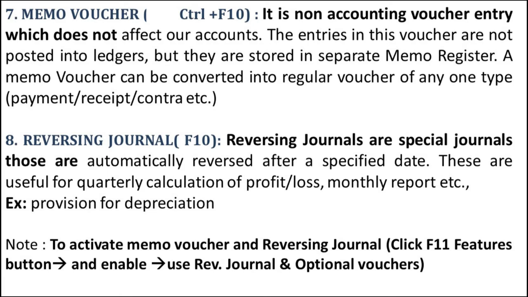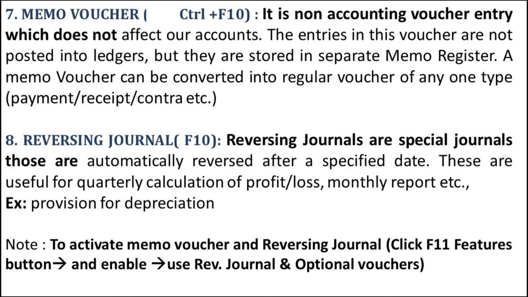The entries in this voucher are not posted into ledgers, but they are stored in a separate memo register. A memo voucher can be converted into a regular voucher of any one type, maybe payment, receipt, contra. At any moment, you can change it to payment, receipt, contra, sales, anything.